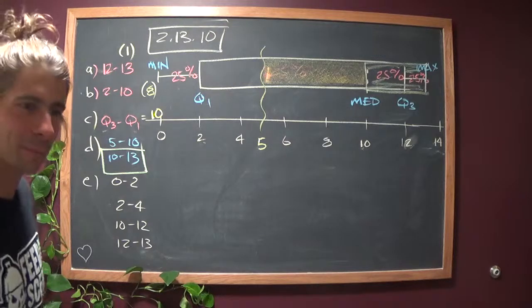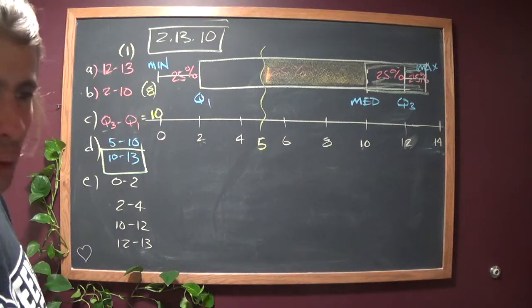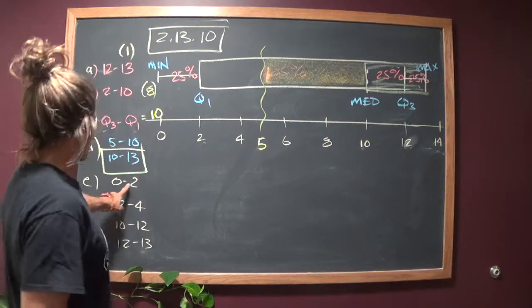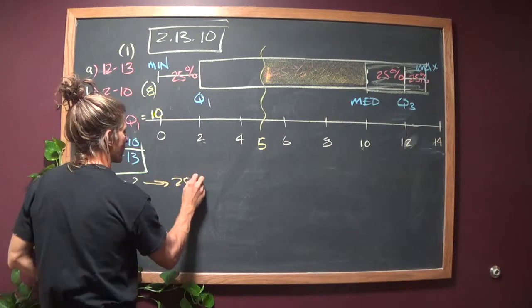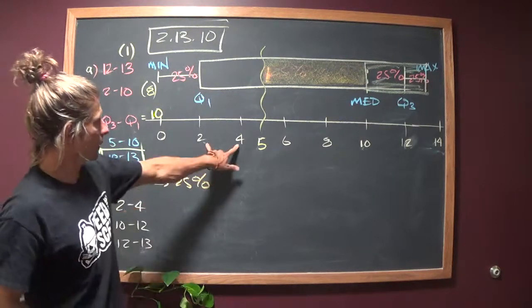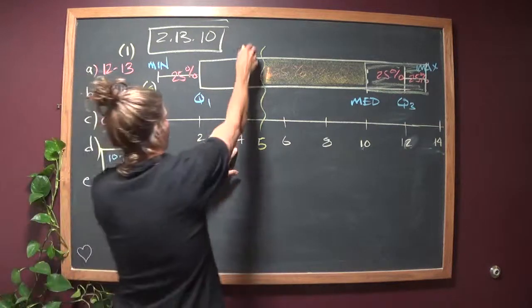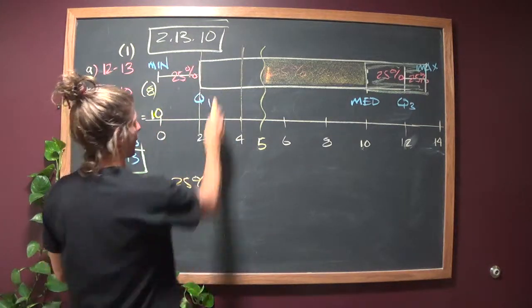Cool so far. And last but not least, which interval has the fewest data in it? How do you know? It says 0 through 2. Well, we already know that 0 through 2 contains 25% of the data. 2 through 4, that's here. Now, remember, 4 is not one of our measures of relative position indicated in the box plot.